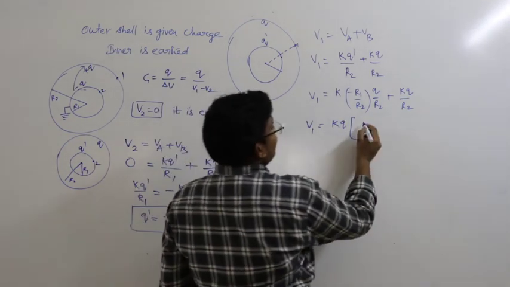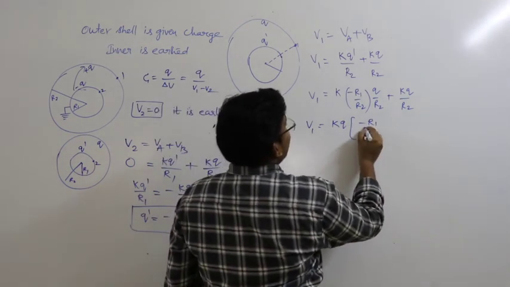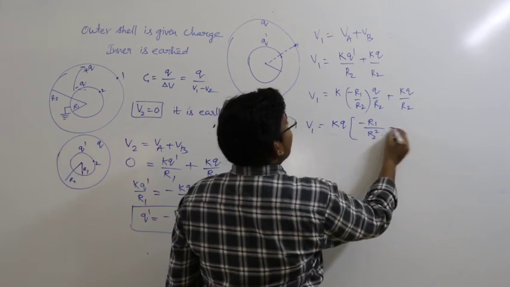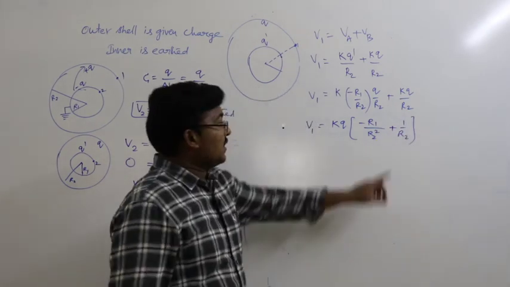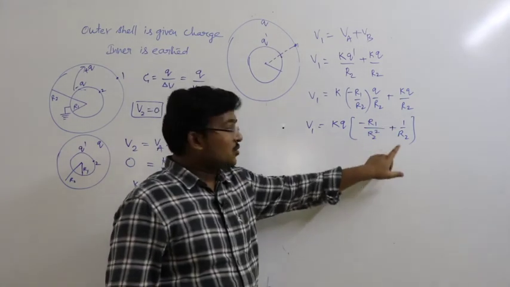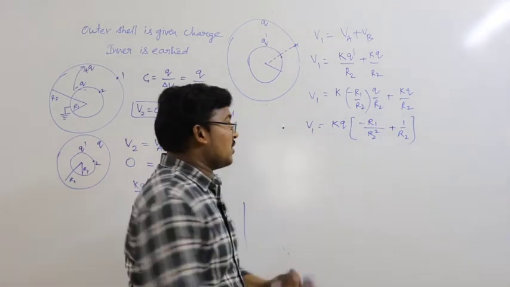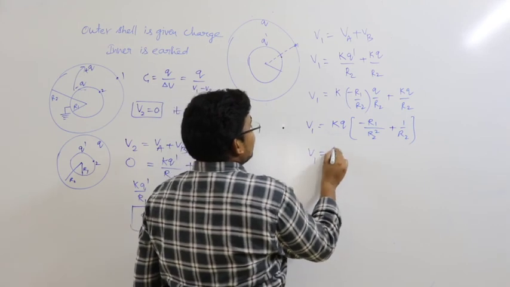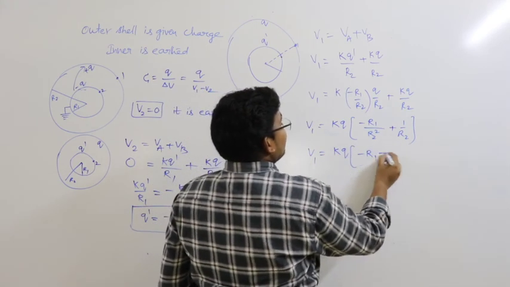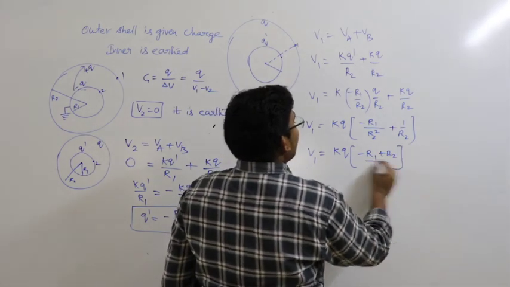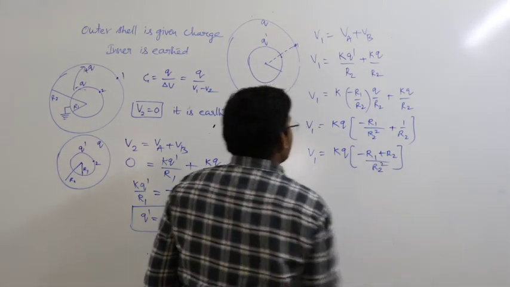Now you will get minus r1 by r2 square plus 1 by r2. Multiply and divide by r2 so that the LCM is r2 square, so V1 will be kq into minus r1 plus r2 by r2 square.